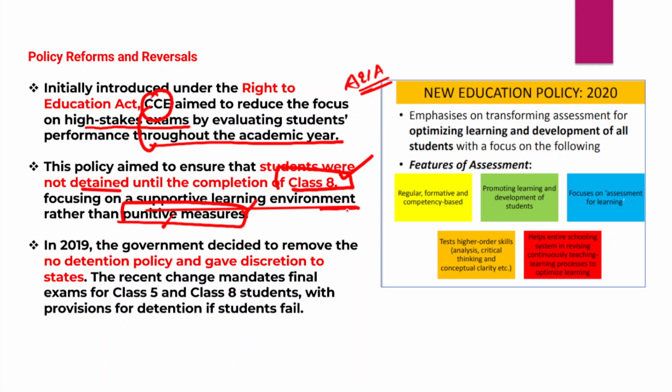However, in the year 2019, the government decided to remove the no detention policy and gave discretion to the states, and it was up to the states whether they wanted to go ahead with the no detention policy or not. However, in the year 2019, the center decided to remove this no detention policy.